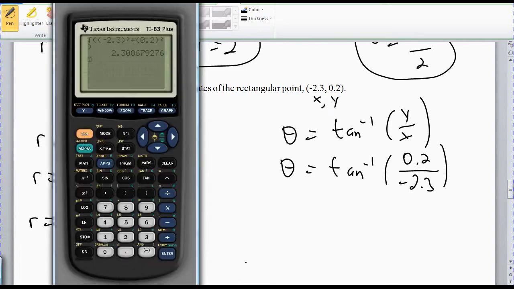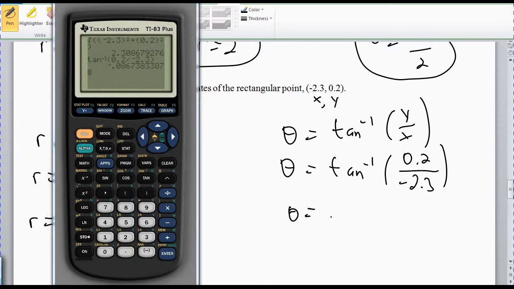So let's take out our calculator and find inverse tangent, second tangent, and then 0.2 divided by negative 2.3, close, enter.